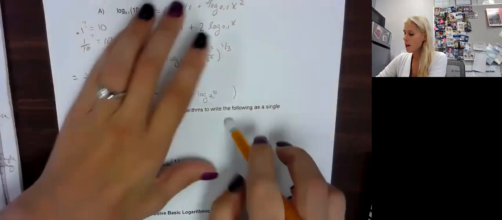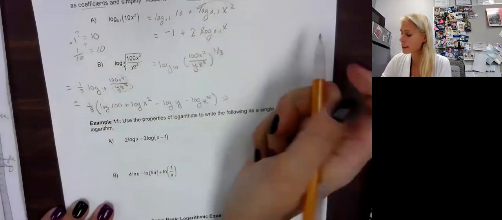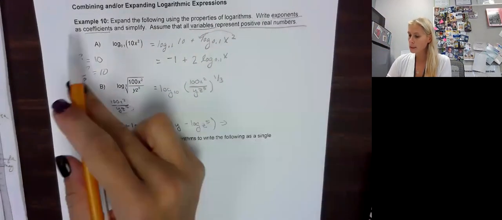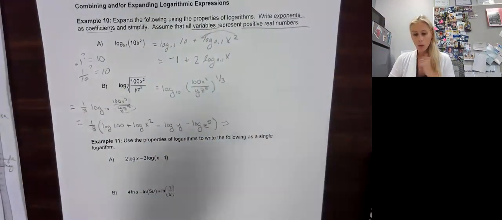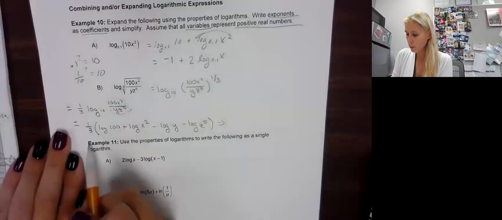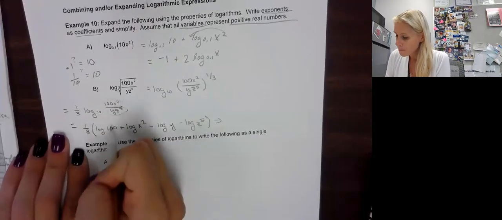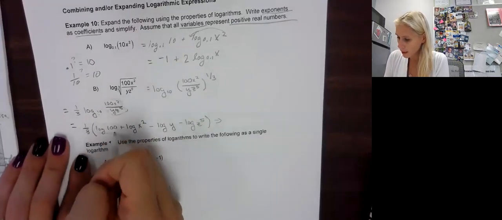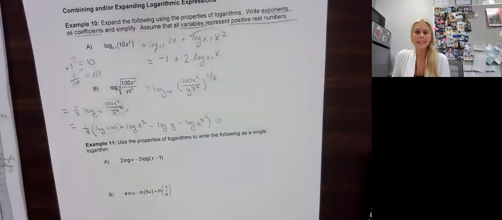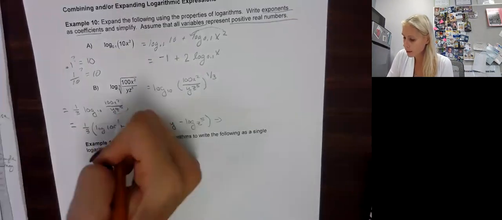Okay, now I'm going to bring this parentheses out closer because we still have more to go, because this is positive real numbers, exponents or coefficients, so on and so forth. Okay, now if we look here, before we distribute this 1/3 out, because we have to distribute this 1/3 out, log base 10 of 100 is an actual number. 10 to the what is 100?